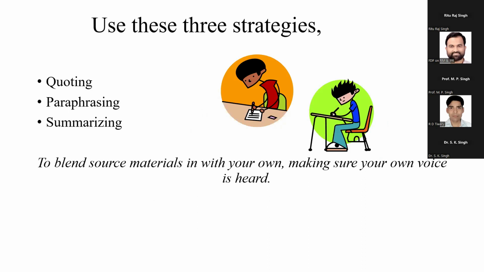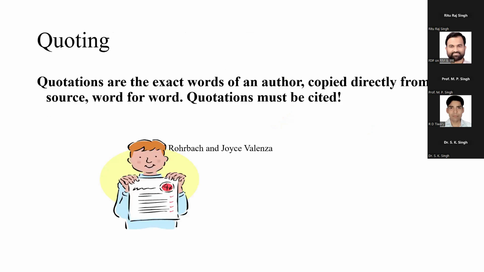So there are three things by which you can stay out of the plagiarism episode: quoting, paraphrasing, and summarizing. Quoting is taking exact words from other sources.